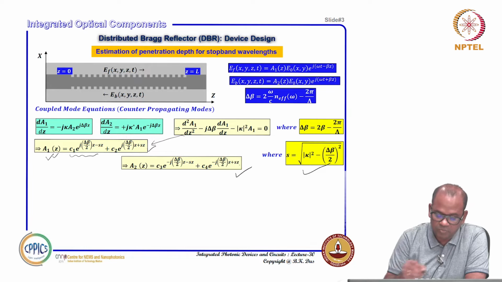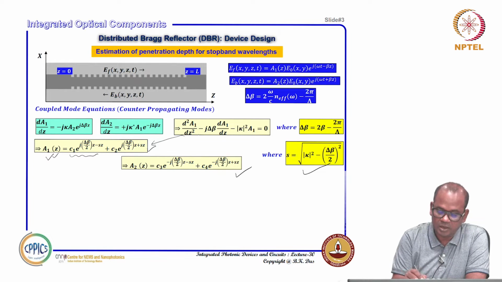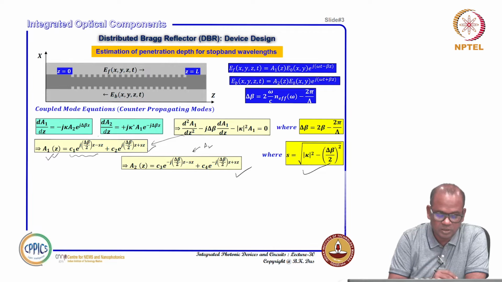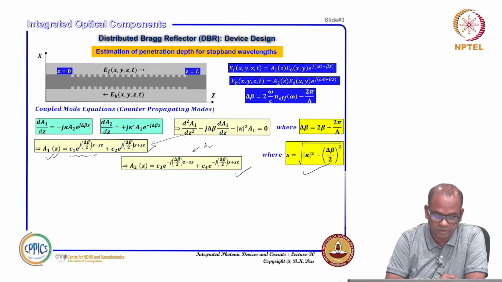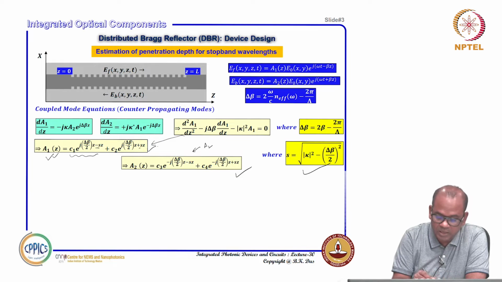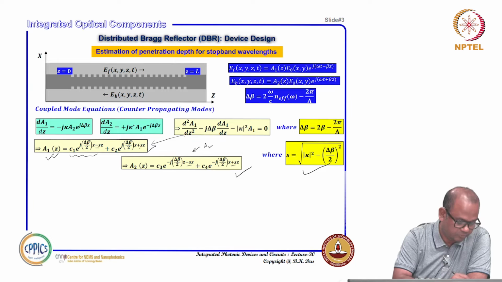Similarly, we can get A2 in this form, from another second order differential equation for A2, solved in a similar way. The only difference is plus j and minus j. The minus-plus signs appear because the roots are plus minus, complex, with one real part and another imaginary part.